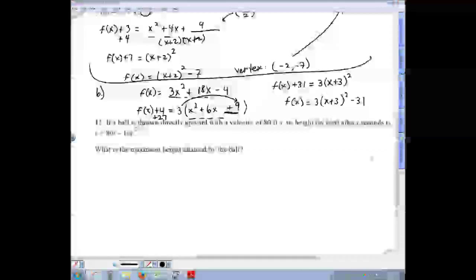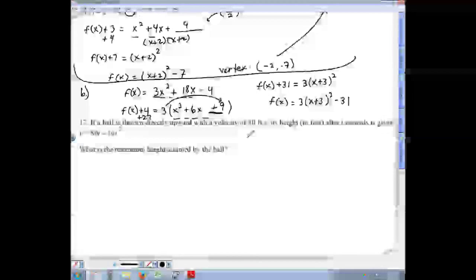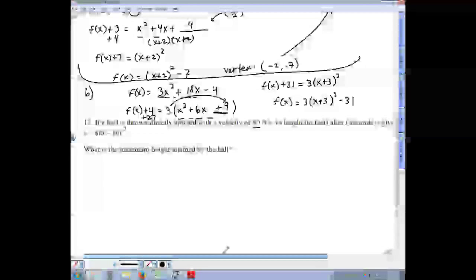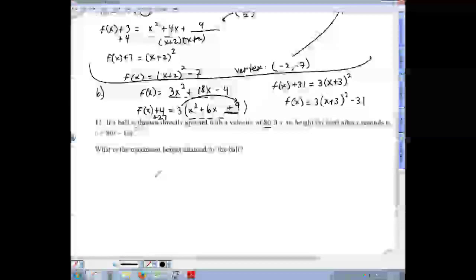Question 12. This would have been in one of the application problems from the homework in section 3.1. A ball is thrown with an upward velocity of 80 feet per second. Its height after t seconds is given by this formula. What's the maximum height attained by the ball? So if you look carefully here, let me rewrite this so maybe it's easier to see.